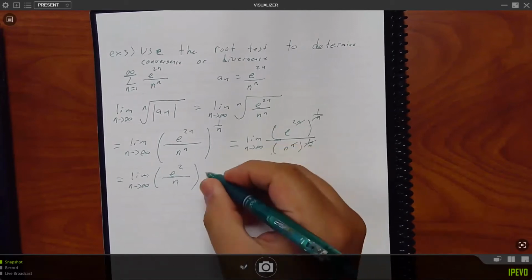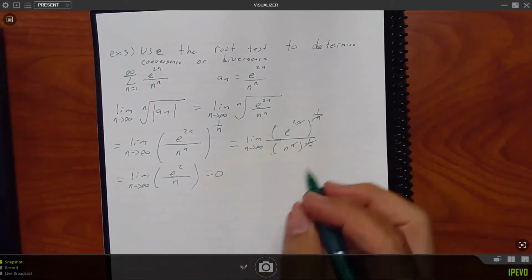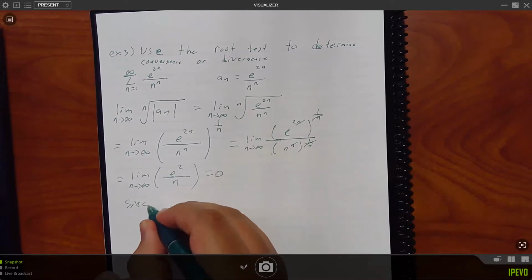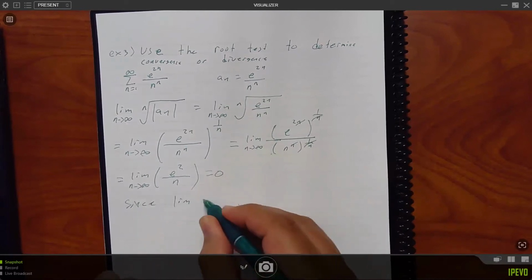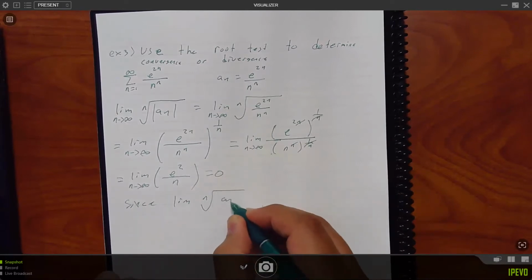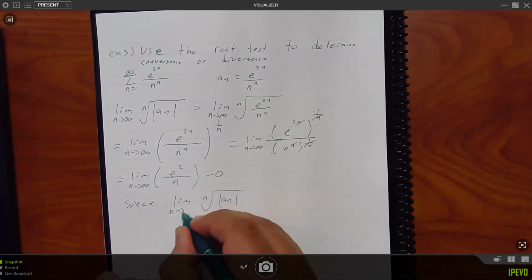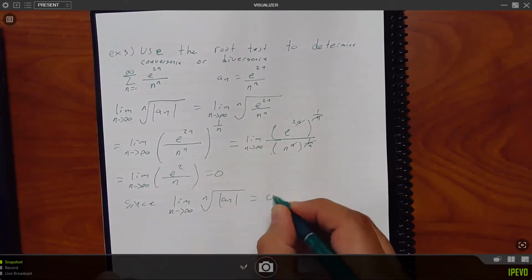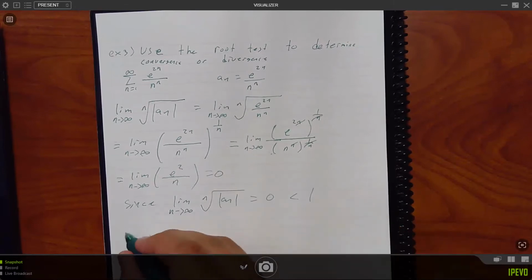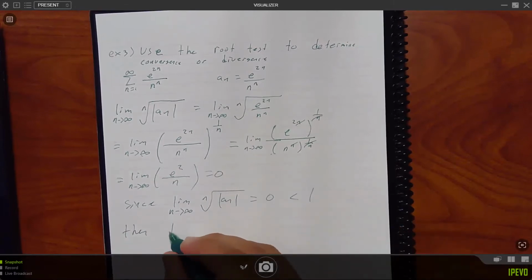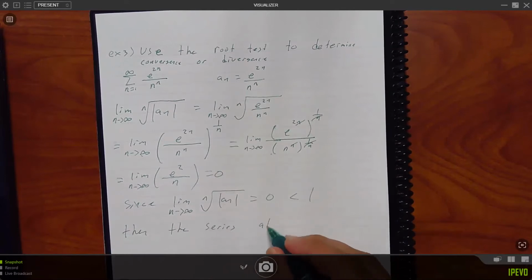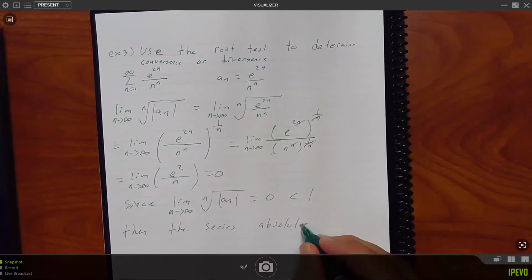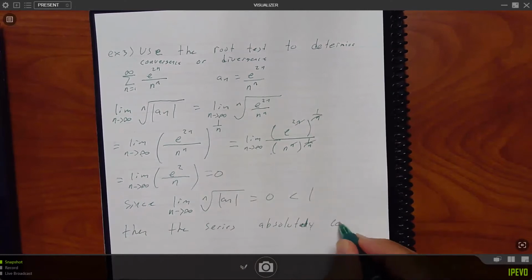Yeah, 0. So our conclusion: the limit of the nth root of a_n is equal to 0, which is less than 1, then the series absolutely converges.